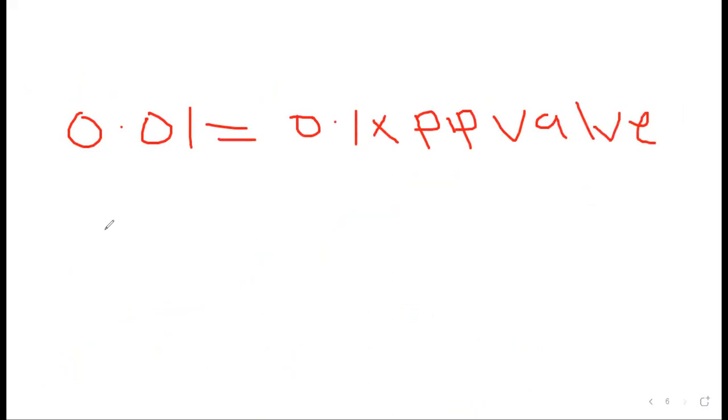So someone who trades 0.01 and the market moves 50 pips, what the person has made is 0.1 multiplied by 50, and the answer is 5. So the person has made 5 USD.